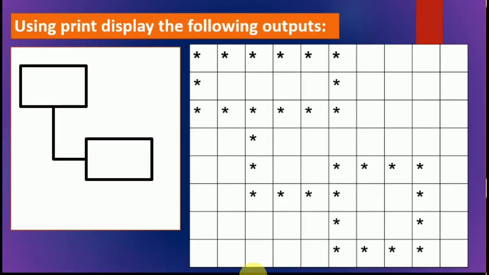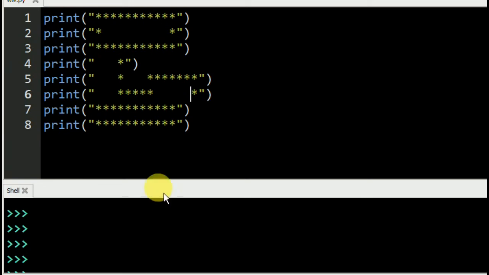Now what is the next part? Two more lines are there. So first I place those same position and then erase everything, and using a space bar I place the star sign.